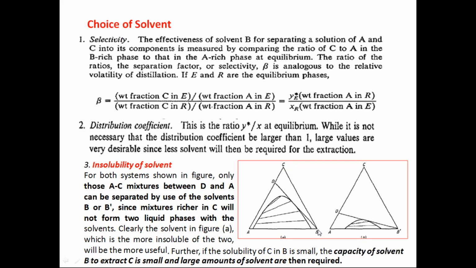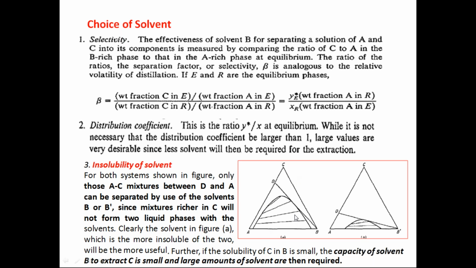If you take a solvent B and here B prime, the C solubility in B will be very less when you compare to the C solubility in B prime. So that is called insolubility. So this diagram is having C insoluble in the B.